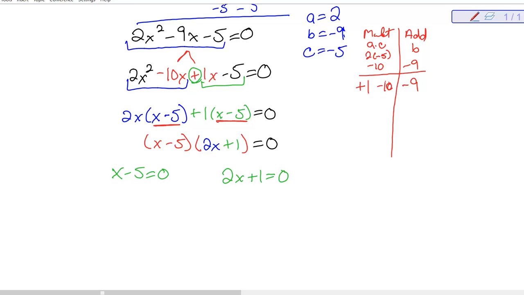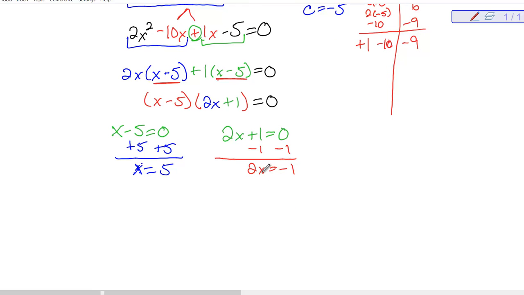And I'm going to solve these. So I'm going to add 5 to both sides, and the reason why I'm adding is because that's the opposite of subtracting. So these two will cancel out. That leaves me with x is equal to a positive 5. Now on this other one, I need to undo my addition subtraction first. So I'm going to subtract 1, and that leaves me with 2x is equal to a negative 1.